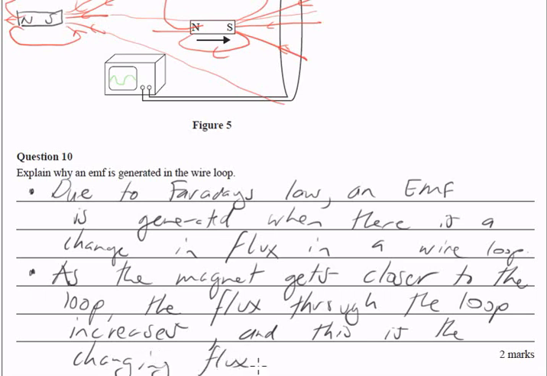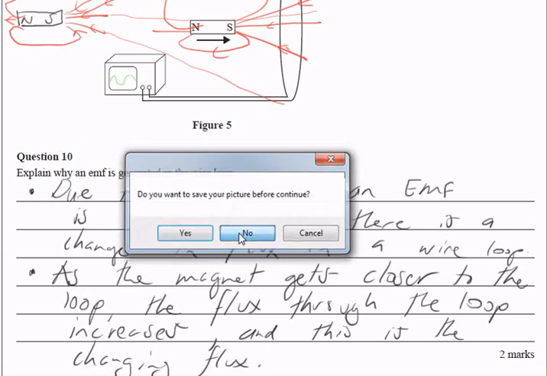So just once more, why is EMF generated in any occasion? Because there's a change in flux, and what's the change in flux in this situation. Alright, let me open up the file for the next one.